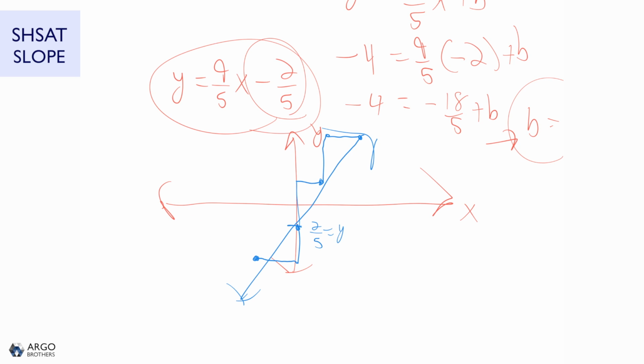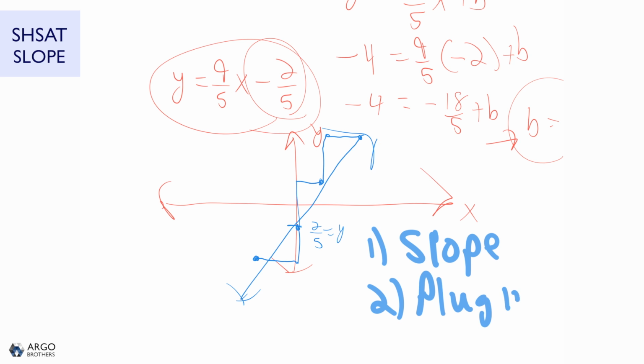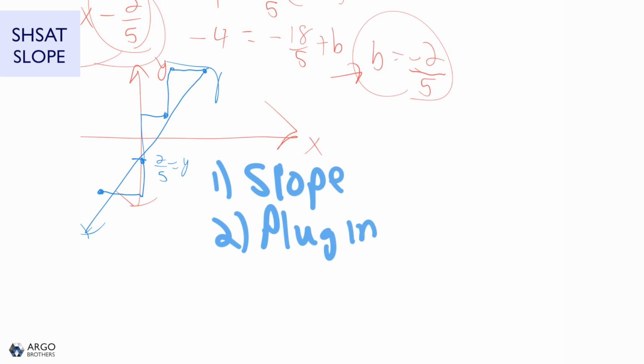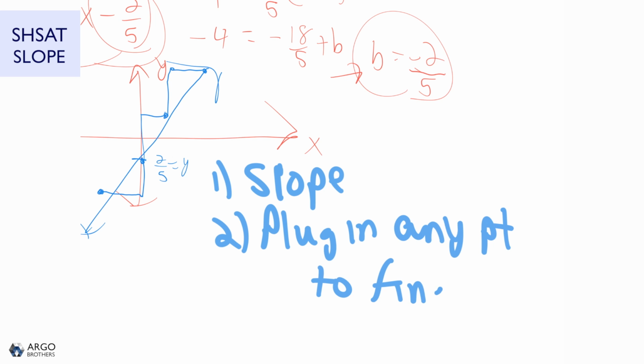So when they give you 2 points, remember the things to do to find the equation is, number 1, find the slope. Number 2, find the y-intercept by plugging in any point that they give you to find b, which is the y-intercept, and then write out the line, and then after that, what you want to do is just graph. Remember, graph the y-intercept.